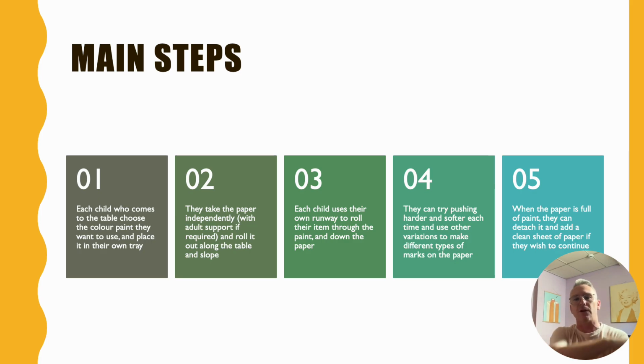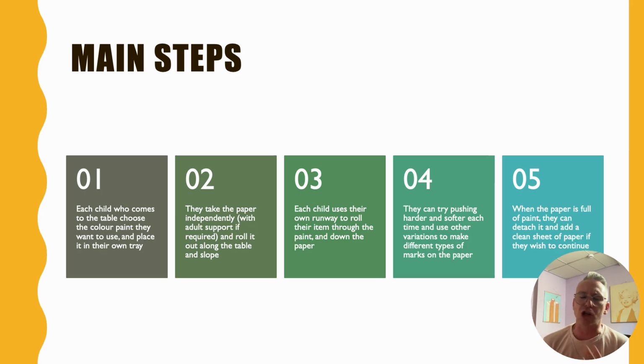The ramp is obviously for things to flow down. So they're going to have a long piece of paper that they put out independently. They can then try pushing the thing that they've chosen to paint with through the paint and roll it down. That's the next stage.